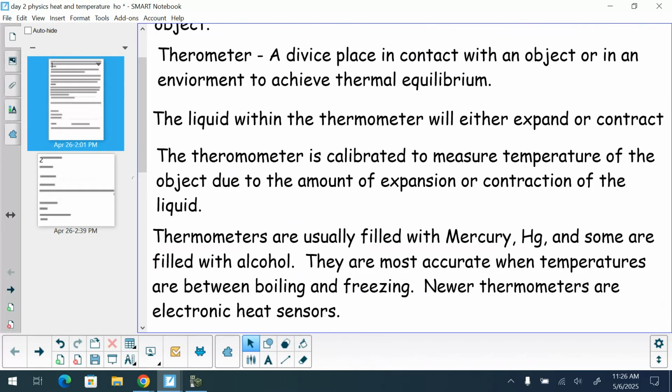Newer thermometers are electronic heat sensors. Technology has improved immensely. Alcohol tends to be a little bit more accurate at the extremes. Mercury is pretty good between boiling and freezing.